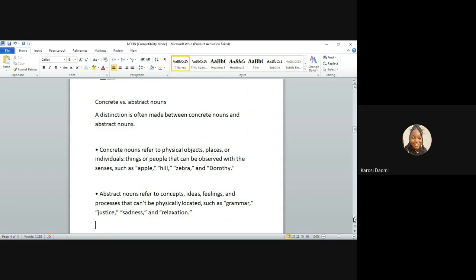Now, abstract nouns, on the other hand, refer to concepts, ideas, feelings, and processes that cannot be physically located.